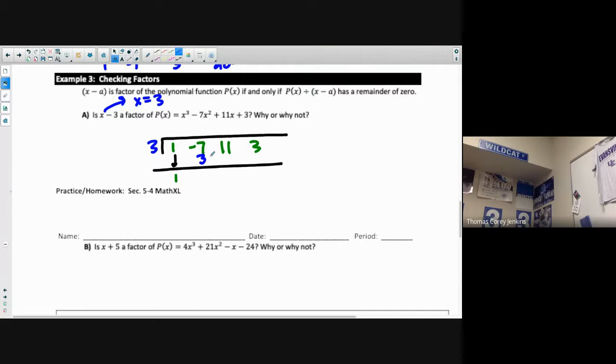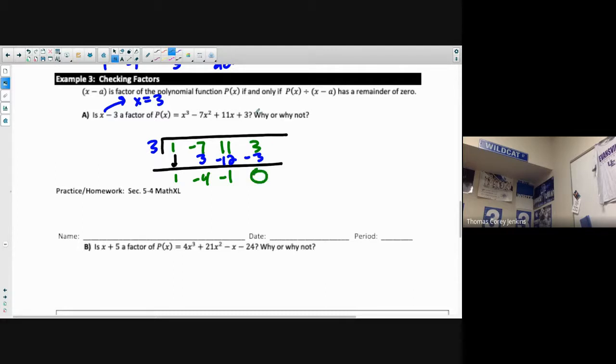Negative 7 plus 3 would be negative 4. 3 times negative 4, negative 12. 11 take away 12 is negative 1. And then 3 times negative 1 is negative 3. All right, so then you have 3 plus negative 3, or 3 minus 3 is 0, okay?